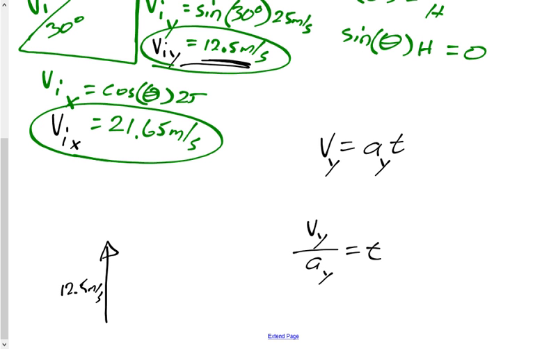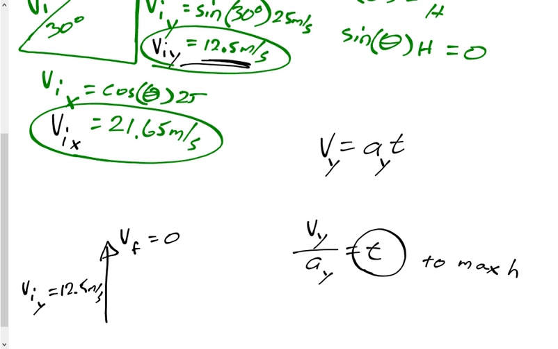In this case, the initial velocity in the y direction would be 12.5 meters per second, but its final velocity would be equal to 0. So this would represent the time it takes to reach max height. I'll just put an H for height.